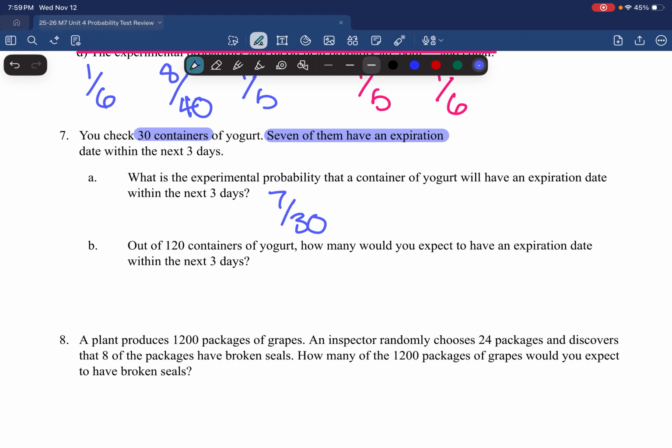This is another one of those problems where we're taking the experimental probability and using that to find how many times a certain event would occur if we do it X amount of times, like 200, 400, 1,000, a million, whatever number you can think of. So out of 120 containers of yogurt, how many would you expect to have an expiration date within the next 3 days? So 7/30, that's going to be times 120, and that's 28.